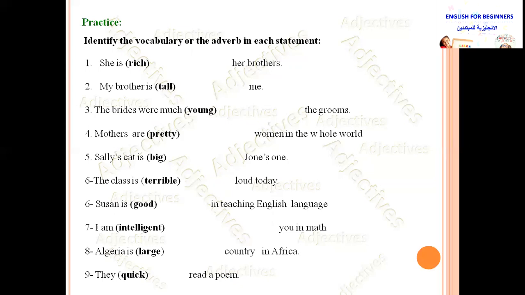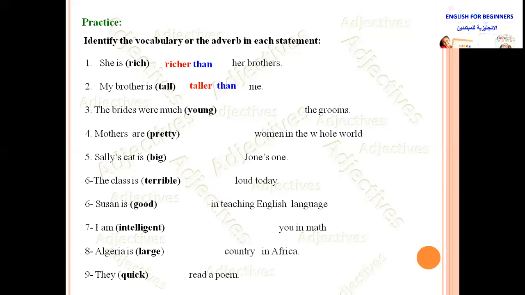She is rich her brothers. Here it's a comparison. She is richer than her brothers. My brother is me. I am comparing the height of my brother with mine. My brother is taller than me.